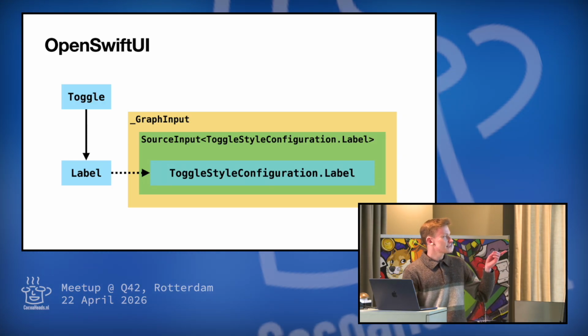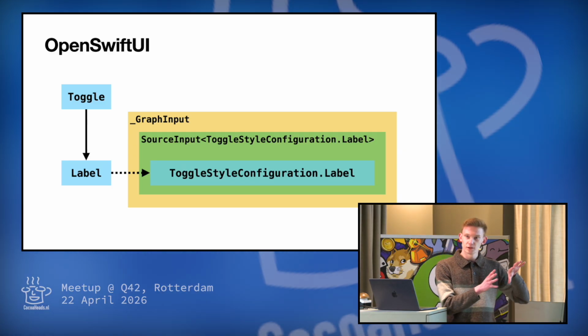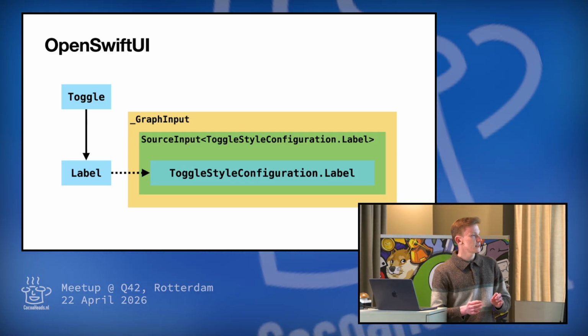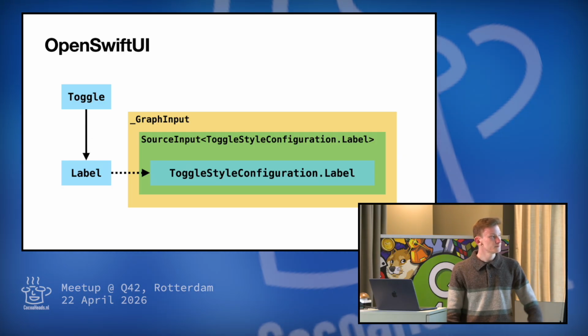So toggle has a label, and the label gets, in the SwiftUI internal graph, assigned sort of an alias or a pseudonym or a tag, or call it whatever you want, of toggle style configuration.label.